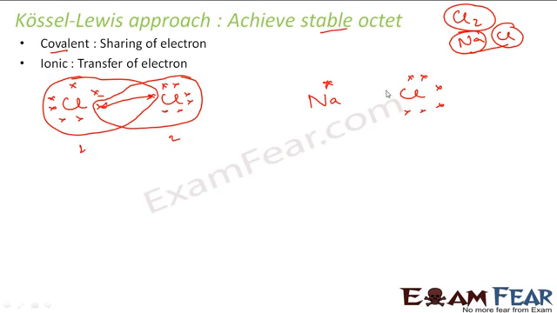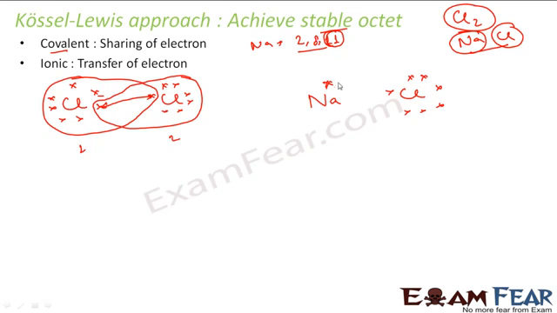For sodium to achieve electronic stability, if it can lose 1 electron, it can achieve the stable configuration. Sodium is atomic number 11, with electronic configuration 2, 8, 1. If it loses 1 electron, it will reach the octet according to the Lewis approach. So it will become stable. So it will lose 1 electron.